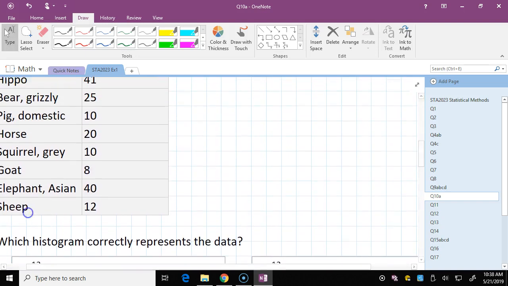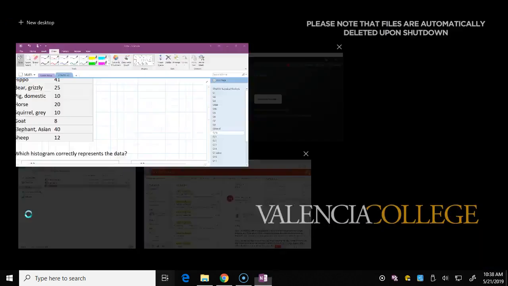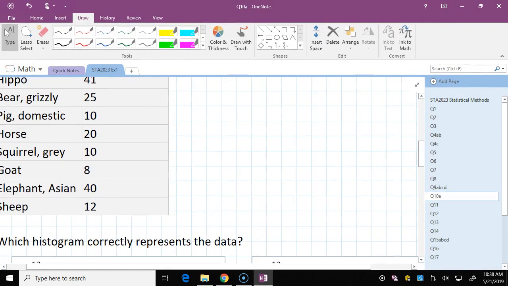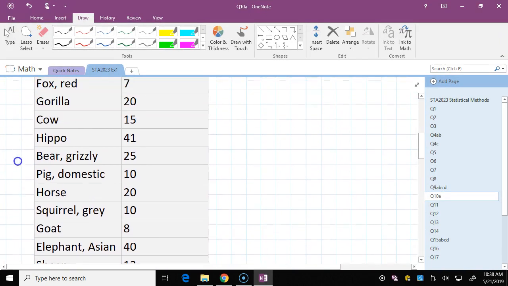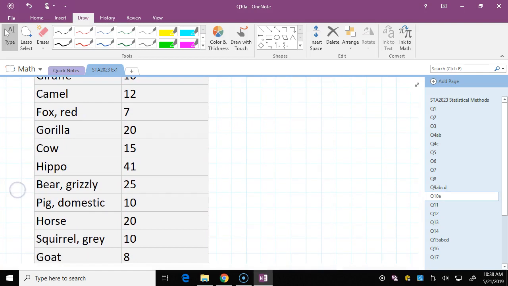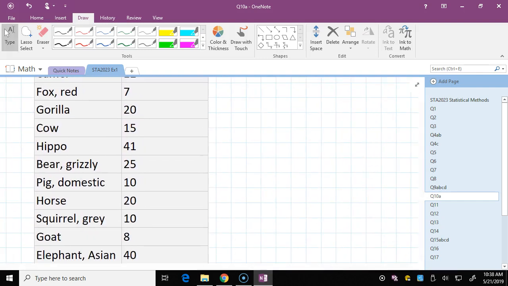Up here, the Asian elephant was 40. So that's a pretty long lifespan. The hippo was 41. So far we've got 2 up there. And I don't see anybody that beats those 40 and 41s. So that means our furthest column to the right has to go up to the number 2.